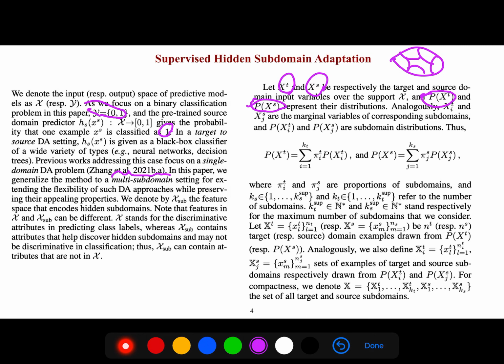Then we sum over K sub S, because we have, for example, K sub S subdomains in the source, and we have K sub T domains in the target. Similarly for the target, we can have subdomains. So, for example, K sub T domains for the target, and K sub S domains for the source. So very beautifully we can write the distributions.